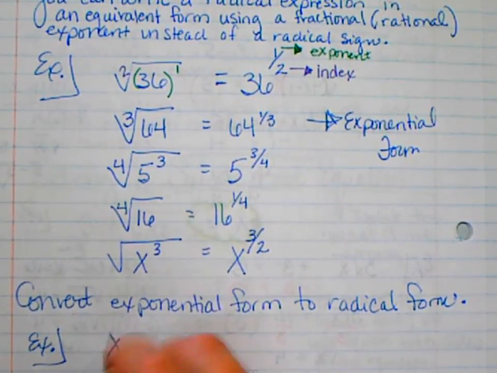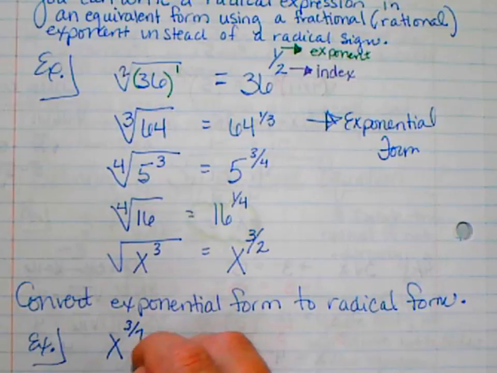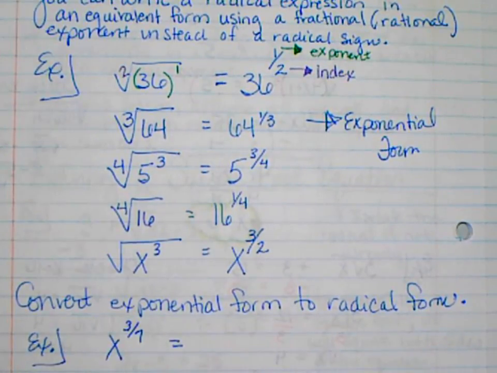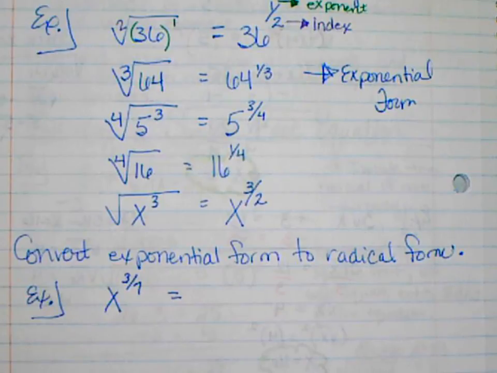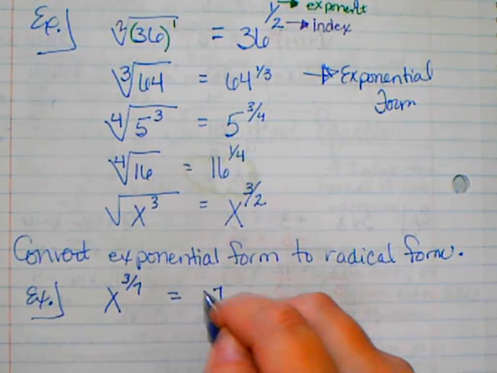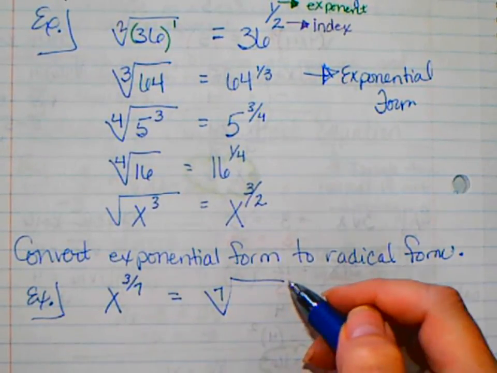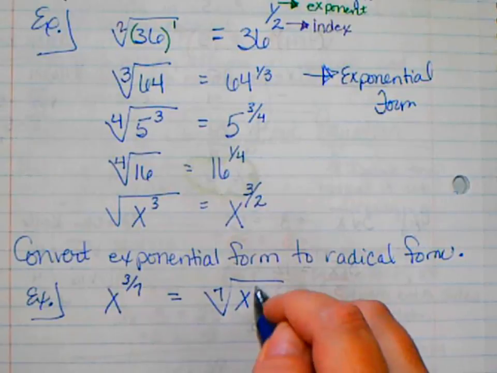Example, x raised to the 3/7 power. That's exponential form. In radical form, it would be what? Okay? The 7th root of x cubed.